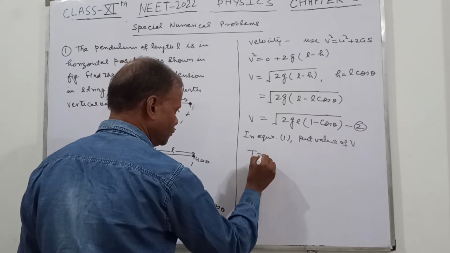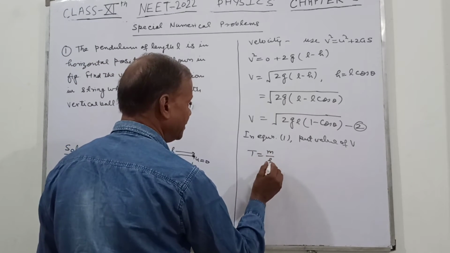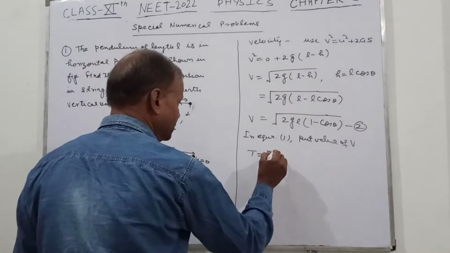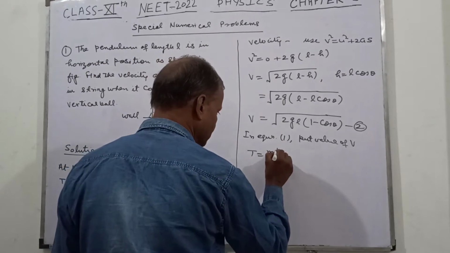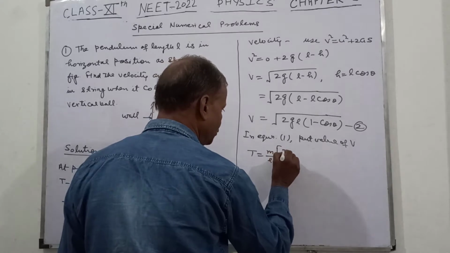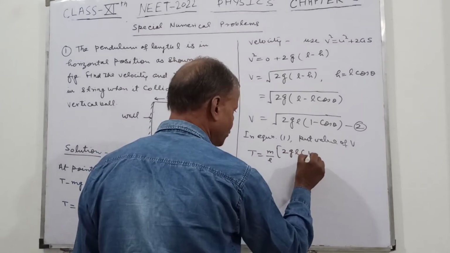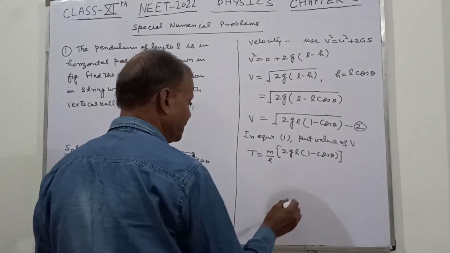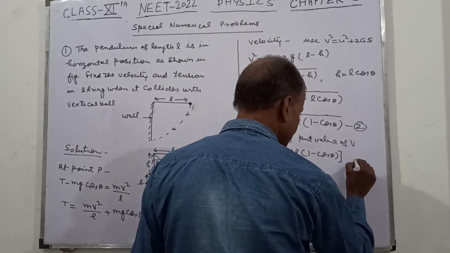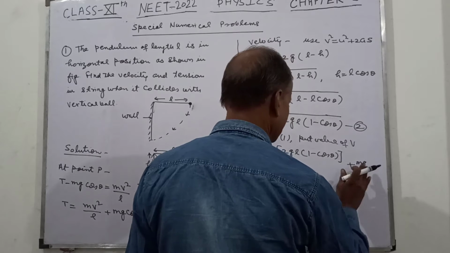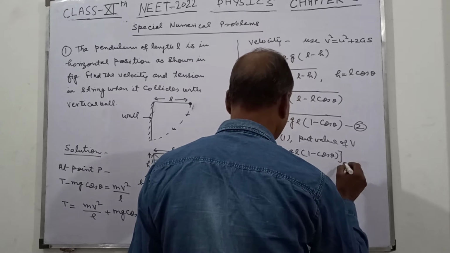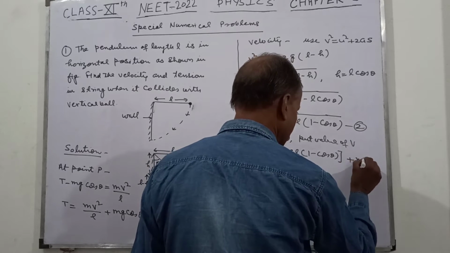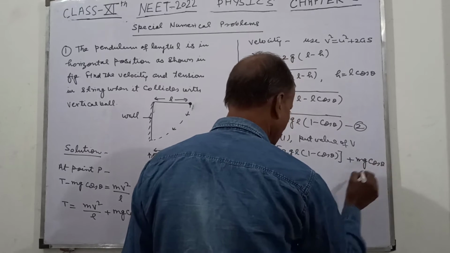T equals m upon L into 2gL into 1 minus cos theta, plus mg cos theta.